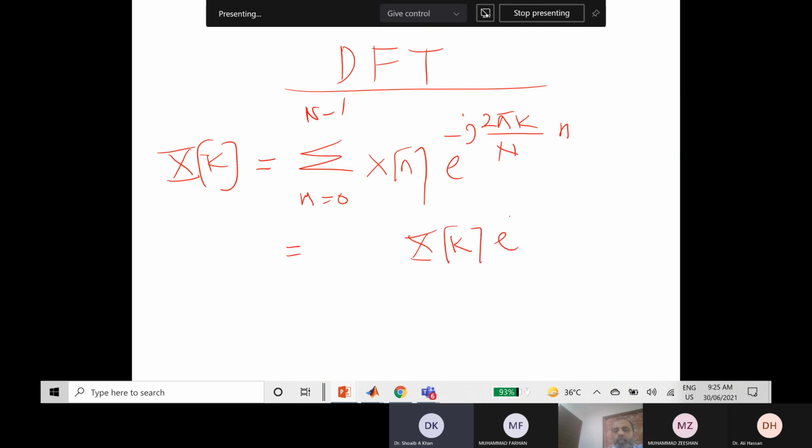Mathematically, you can prove that the inverse Fourier transform is the same as in the continuous domain. Instead of minus j omega n, it is plus j omega n. And instead of 1 over 2 pi, there is N, so it is 1 over N. So k goes from 0 to N minus 1, giving x of n. So this is the new pair, and this is called the discrete Fourier transform.